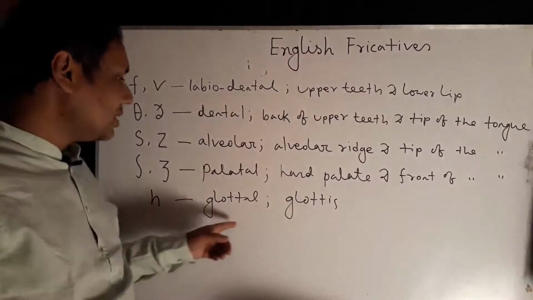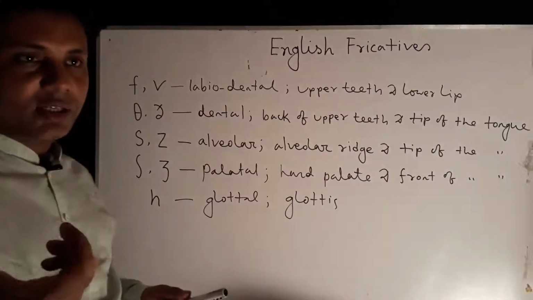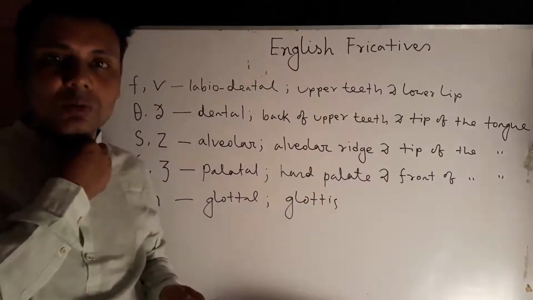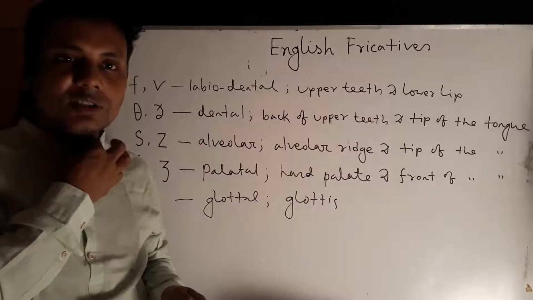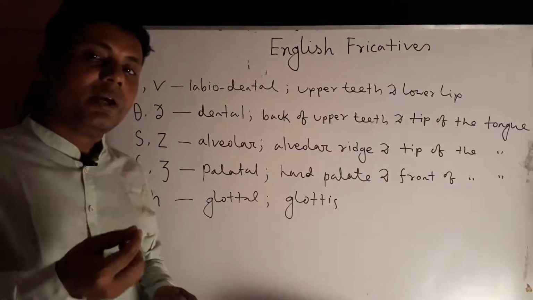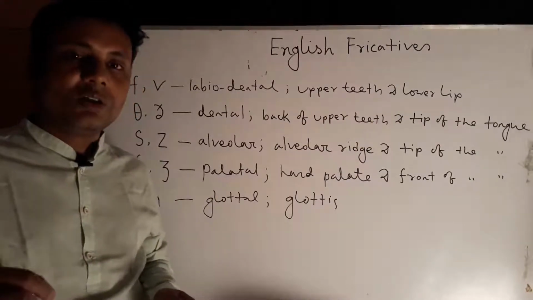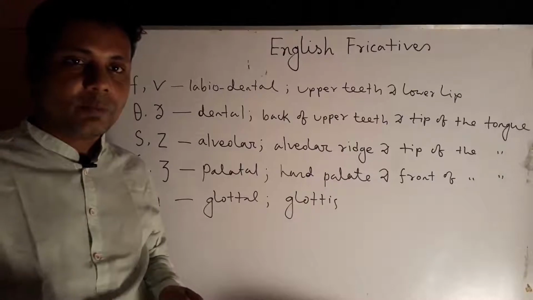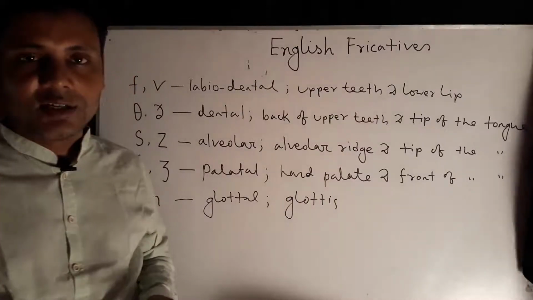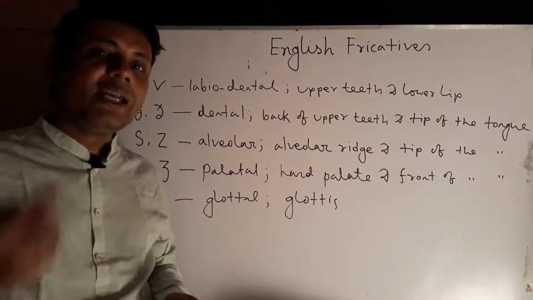And ha is a glottal because of the glottis. What is the glottis? I told you that the glottis is in our throat. There are vocal cords in the throat, and the vacant part of the vocal cords is called the glottis. Ha is a fricative made there.